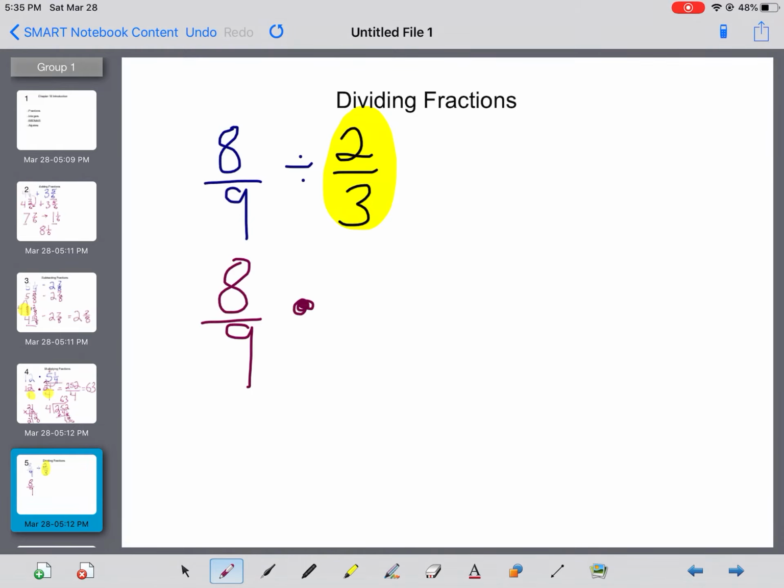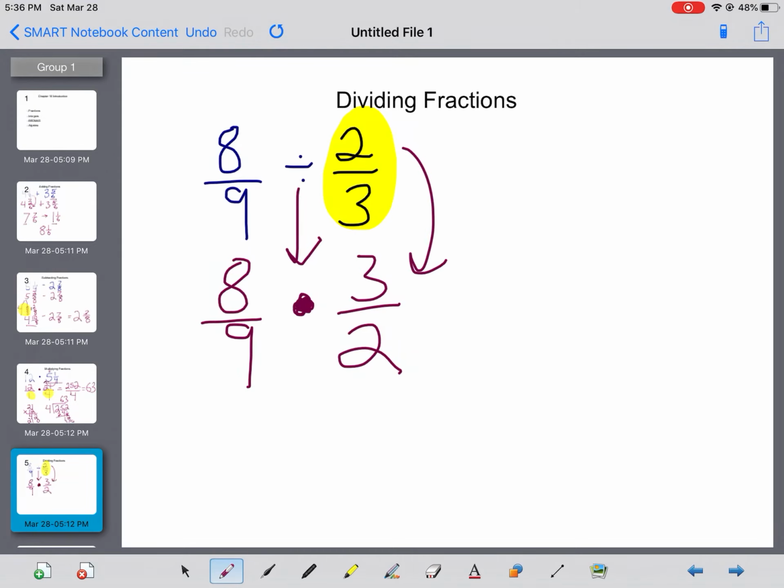Then we change to multiplication. But once you change it to multiplication, you have to write down the reciprocal. Remember, the reciprocal is just the fancy way of saying flip the bottom and the top number. I'm not going to get into again why that works, but it does. Just make sure when you switch to multiplication that you have also switched to the reciprocal.